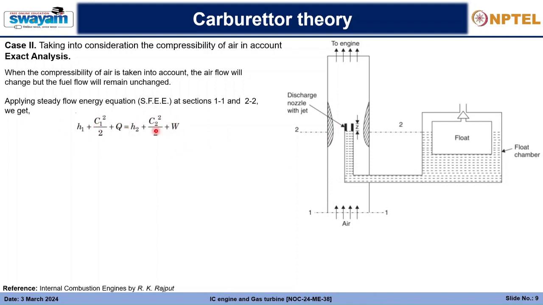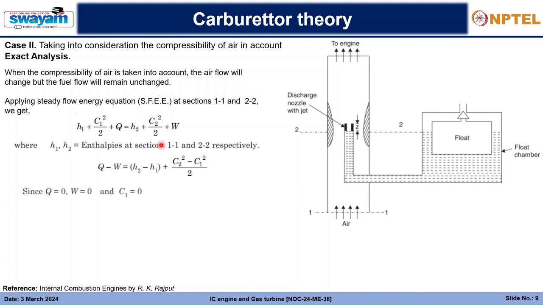Let us see what these values mean. H1 and H2 are the enthalpies at sections 1 and 2 that we know. Then Q minus W equals H2 minus H1 plus (C2 square minus C1 square) divided by 2.